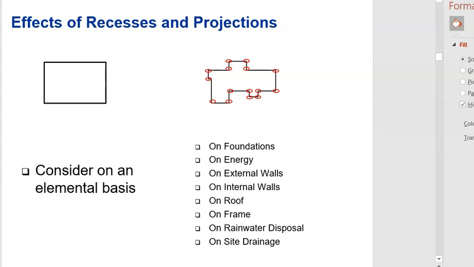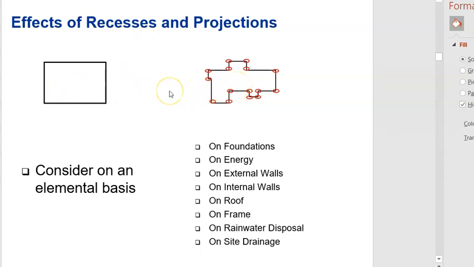So if you look at the elemental basis, the elemental just breaks it down into each individual component and it groups them together. So if you were to look at a rectangle, imagine if this building on the left occupied the same floor area as the building on the right.